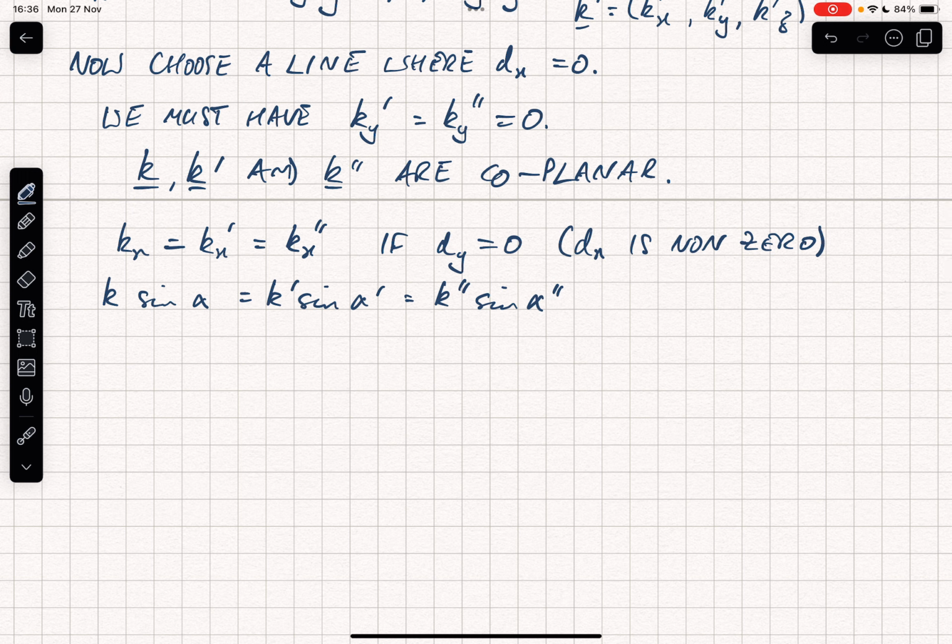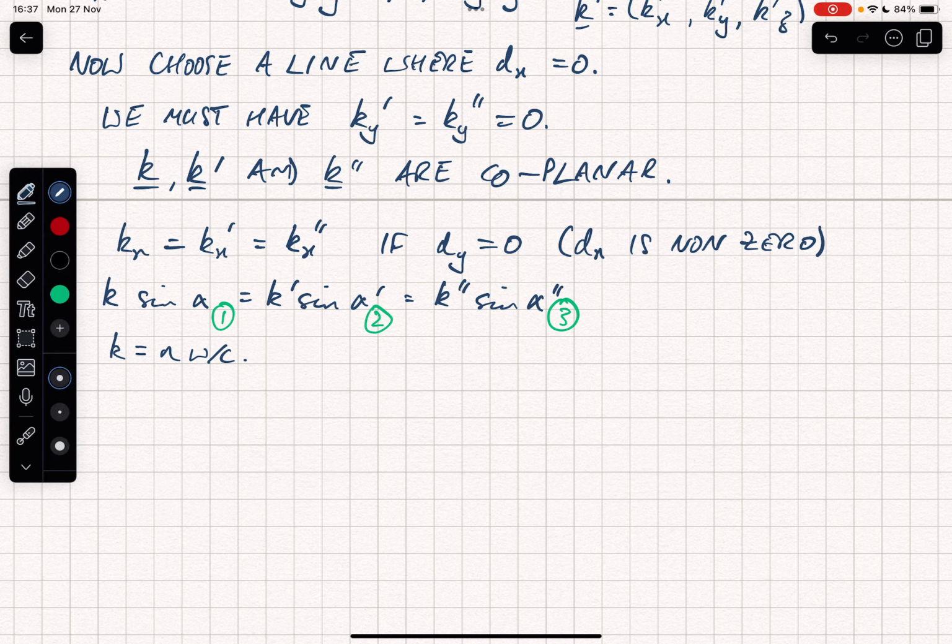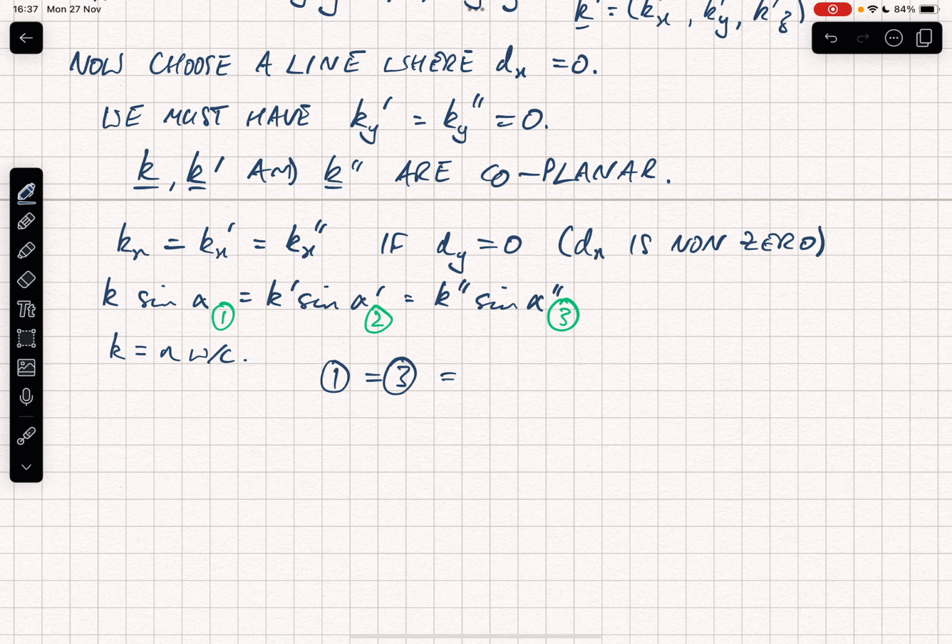What can we do from here? Well, we've already said that from the phase velocity we can write k is equal to n omega over c. Now if we label these equations, let's say 1, 2 and 3, or these terms, then if we take the equality that 1 must equal 3, that will imply that k is equal to k double prime.